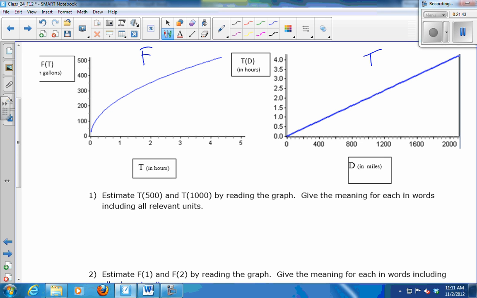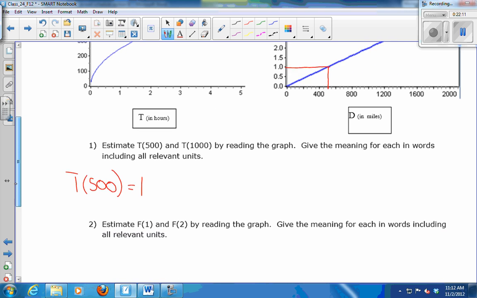So when I want you to estimate t of 500 and t of 1,000, we're going to go to the graph of t. We're going to find 500, which is right here, and we go up to the graph and over and get the output. So t of 500 is 1. And then I can let you do t of 1,000 the same way.